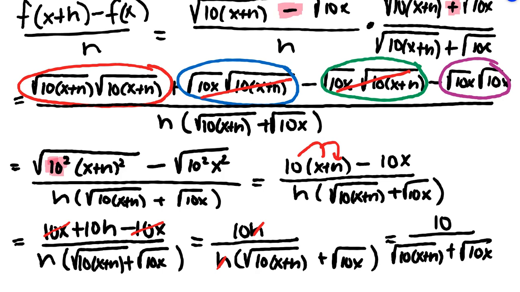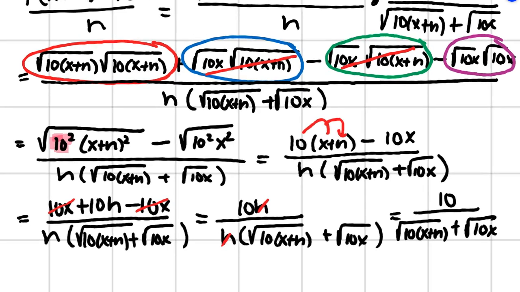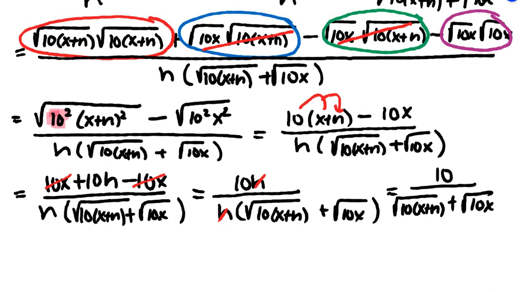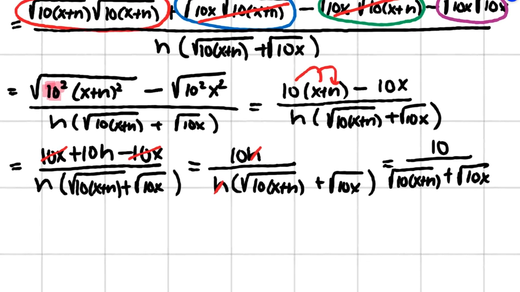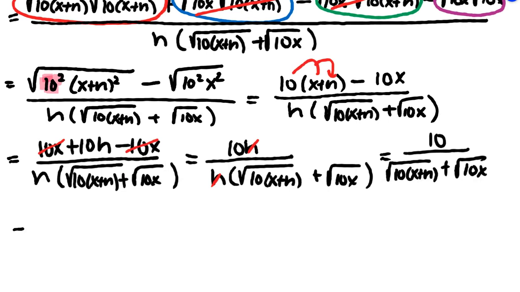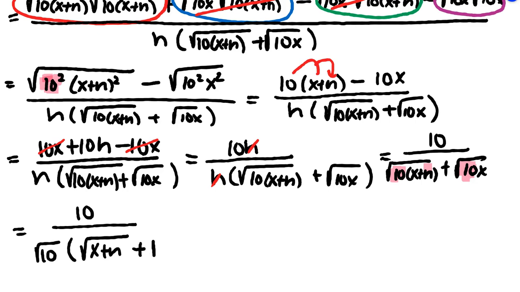And one last thing that I could do to simplify this, which I don't typically do, but I just want to demonstrate it because I've seen it in a bunch of different places, is that both of these radicals in the denominator have square root of 10. So I could factor out that square root of 10 and be left with square root of x plus h plus square root of x.